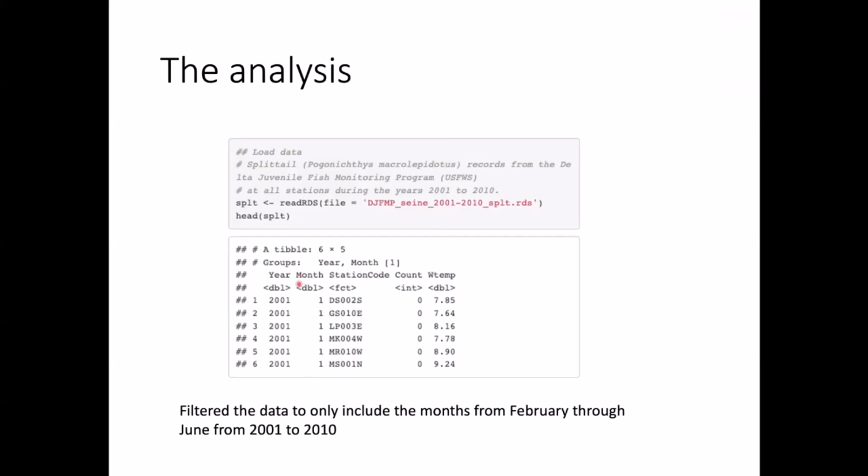So here you can see the data in R where we have the year, month, station, number of splittail captured, and the water temperature that was measured. And again, I should point out that this RDS file is going to be available on the GitHub site. So our code then filters this data to only include the months February through June, so that late winter, spring period, and this makes for a cleaner analysis.